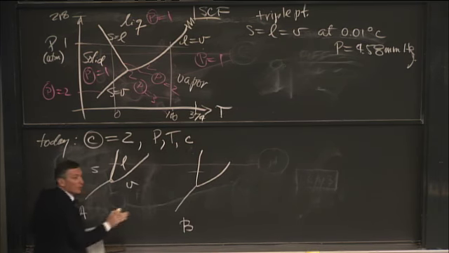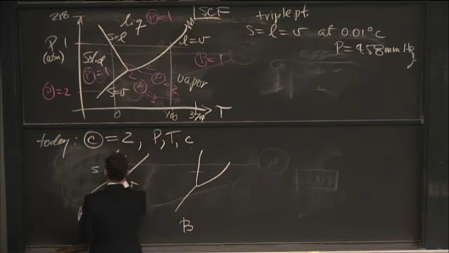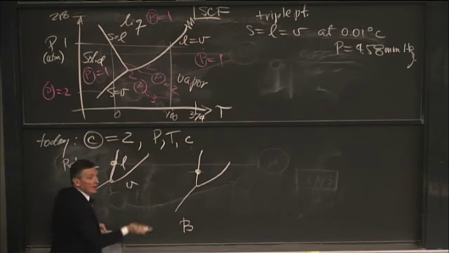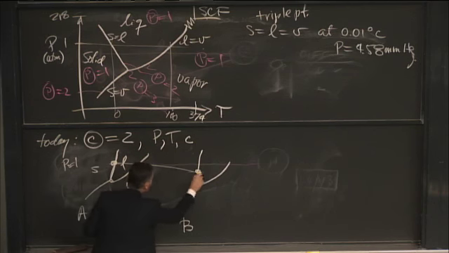All right? So now the question I want to ask is, what happens if I mix A and B? Let's just say here's the melting point of A, at P equals 1 atmosphere, and here's the melting point of B, and I want to ask how the melting point of the mixture varies.